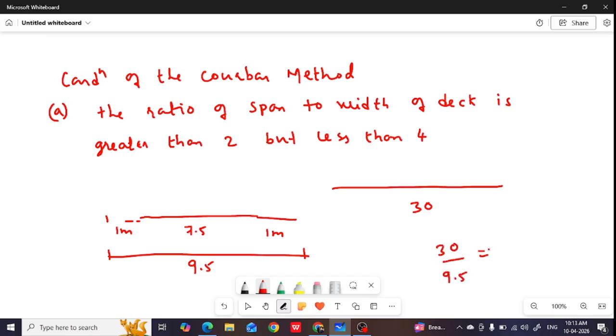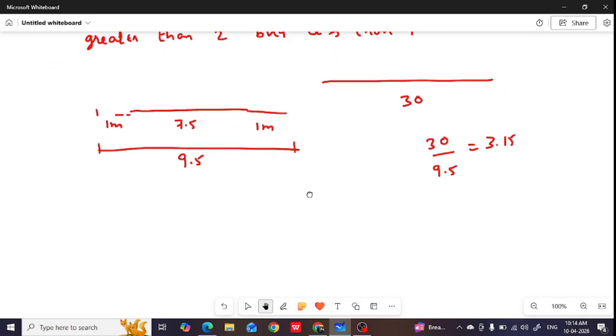So what is it coming? Let me calculate. 30 divided by 9.5, you're getting 3.15. So the ratio of the span to width of deck is greater than 2 but less than 4. Okay, we can apply it to our case.